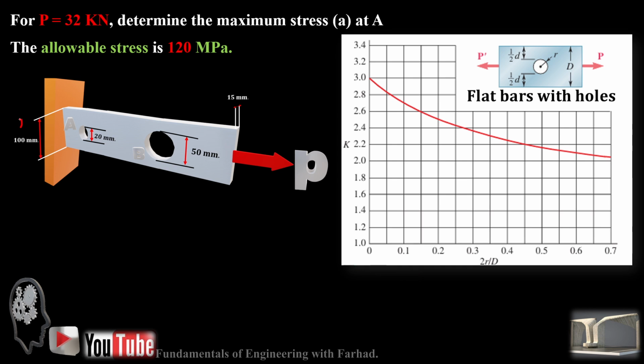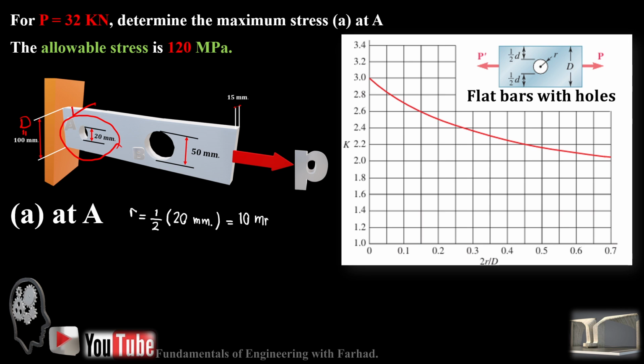D here is equal to 100 millimeters, and 2R is the diameter of the hole, at A and also at B. We want to calculate the maximum stress at both of these circular holes. So at A, first we concentrate our attention on the smaller hole. Radius is half of the diameter, and that's 10 millimeters.